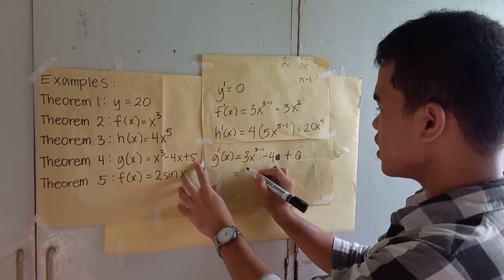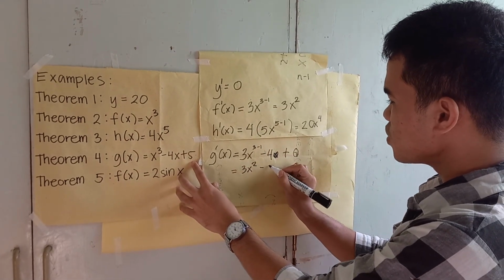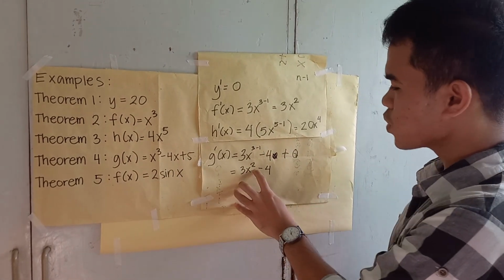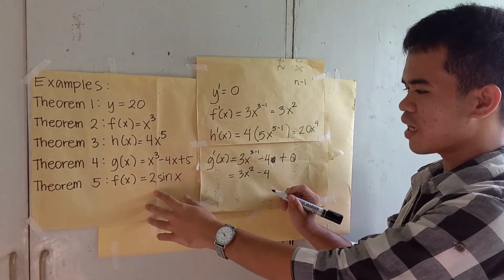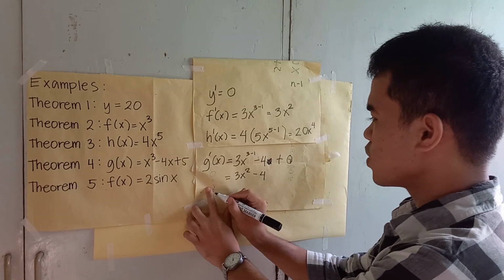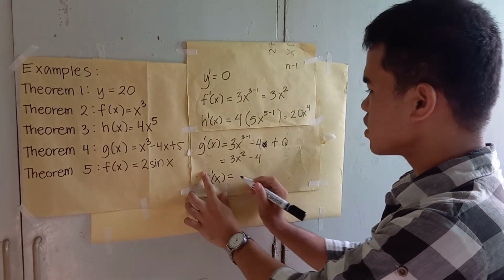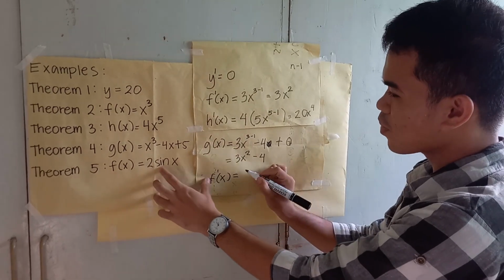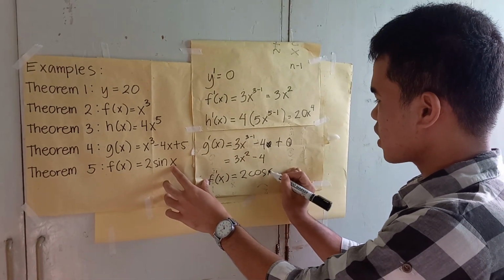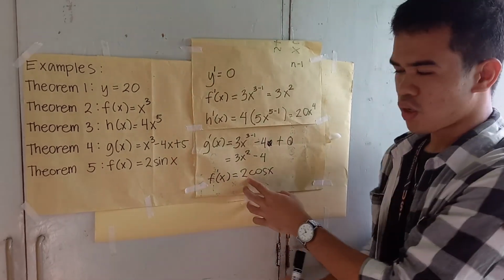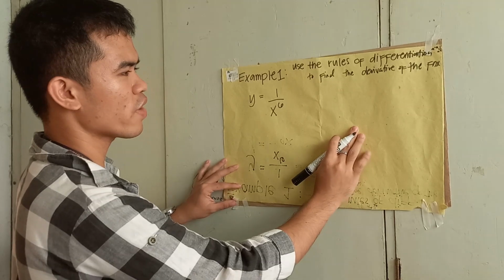So here's the final: 3x, 3 minus 1 equals 2, minus 4, so 3x squared minus 4. For theorem 5, derivatives of trigonometric functions. The derivative f prime of x equals, I copy the 2, and the derivative of sine x equals cos x. So 2 cos x.